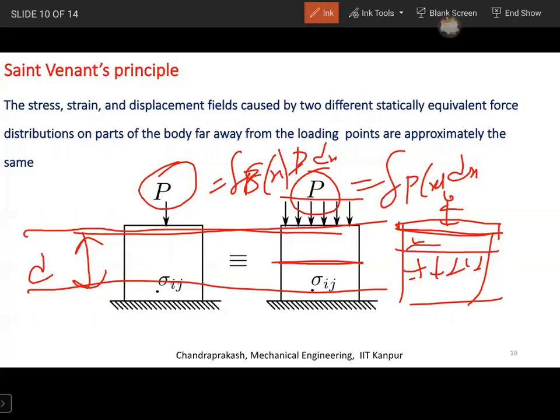It need not always be a uniform distribution also. You could have had any kind of distribution. All this principle says is, if you have identical loads locally, however they are distributed, far away from the point of application of the force, it doesn't really matter how you are applying the load. That is what Saint Venant's principle says.